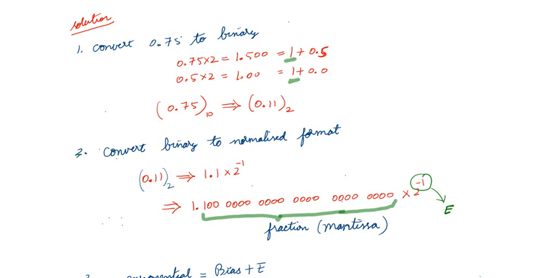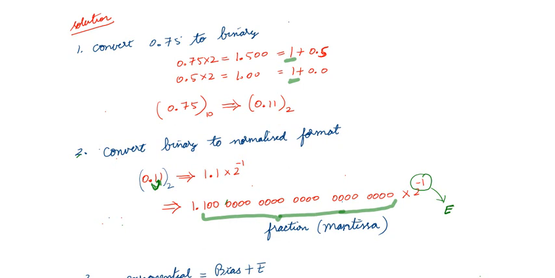Since I am moving towards the right, for each digit I move, the power of 2 is raised to minus 1. If I move 2 digits, it should be 2 to the power minus 2.